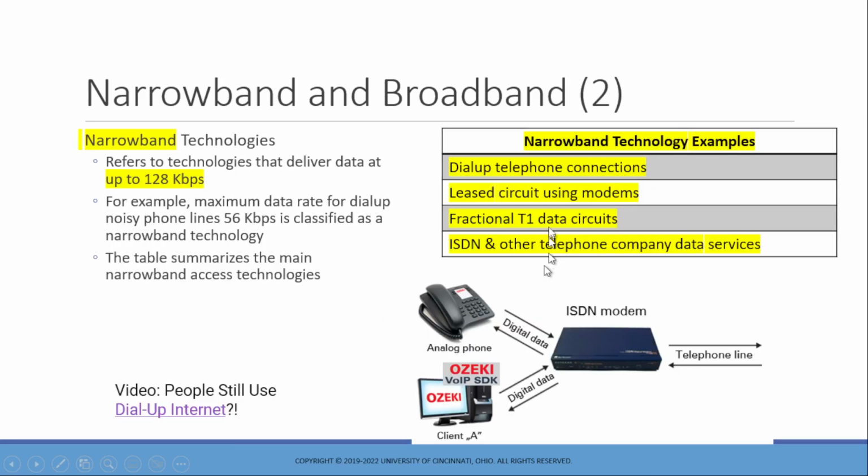Narrowband technologies include dial-up, which is the old phone modems that you probably aren't aware of, but your parents are, leased circuits, fractional T1 lines, and then ISDN. We'll talk about those in a minute, but I just want to talk about the general definition of a modem. We use the word modem a lot, and modem stands for modulate and demodulate.